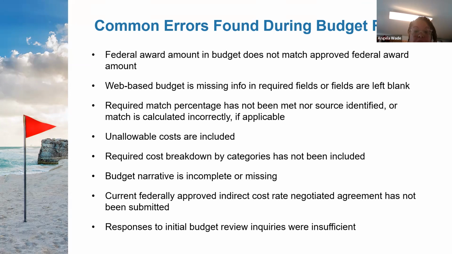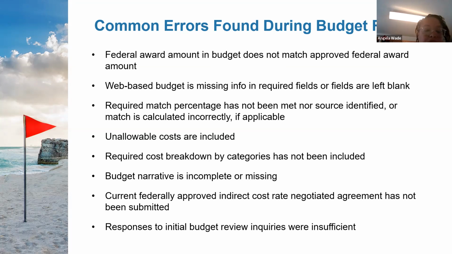We just talked about match. Make sure that you have read through the solicitation and you're including the correct match requirement within your budget. Unallowable costs are included. So I mentioned allowable and unallowable costs at the beginning. Your solicitation will list out some allowable costs as well as some unallowable costs for your particular program. Also, there's a section in the DOJ Financial Guide that talks about a lot of the unallowable costs, as well as the 2 CFR 200 circular.